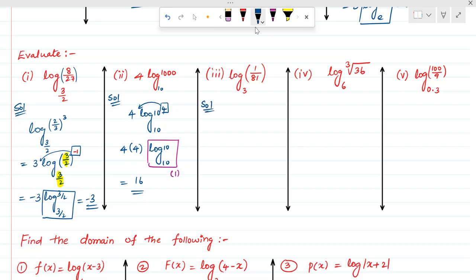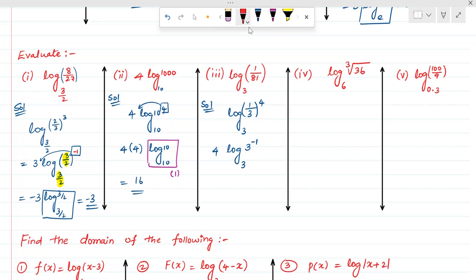Then the next one here, we will have log base 3. I can write this one as 3 power 4. I will move the 4 here. So it becomes 4 times log. I will move this 3 up, so it becomes minus 1, 3 to the power minus 1.